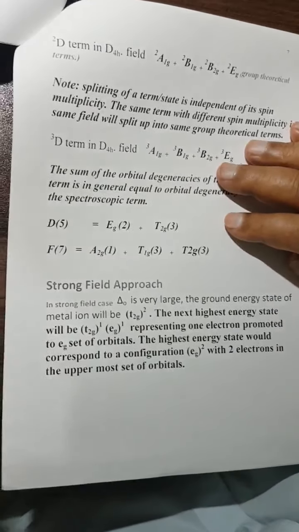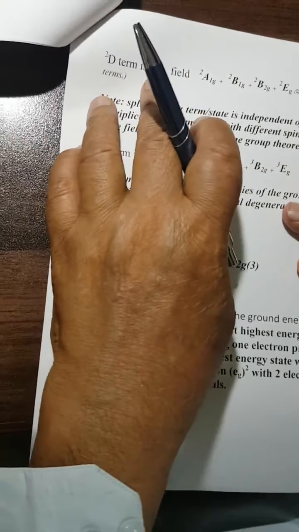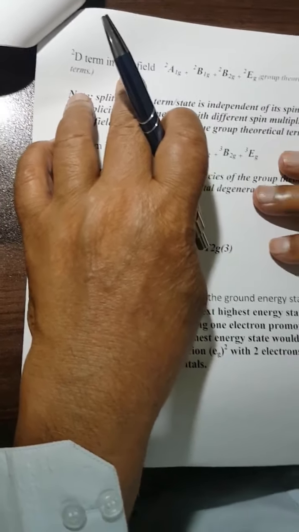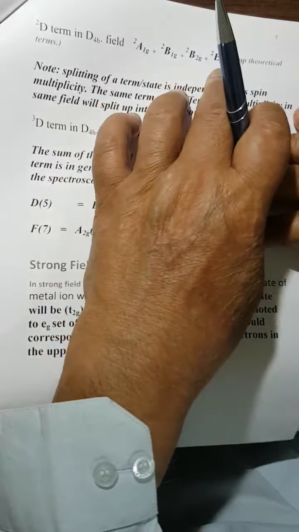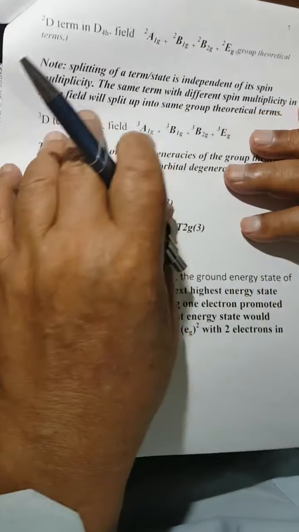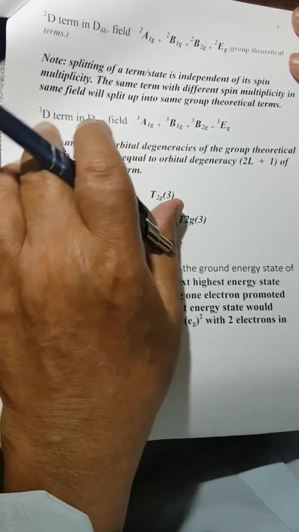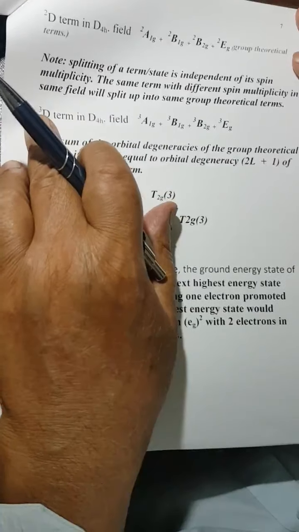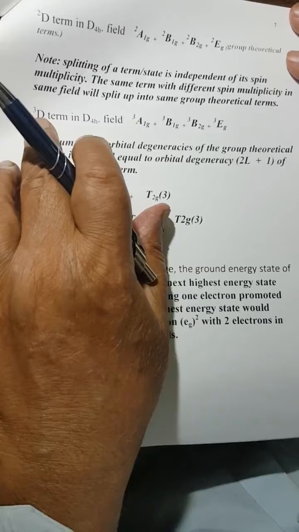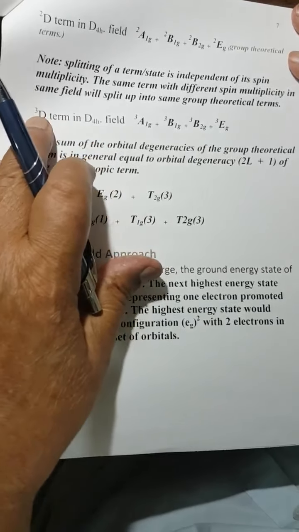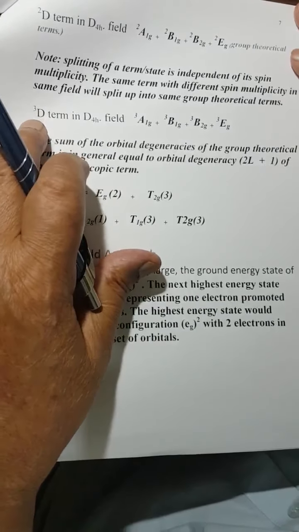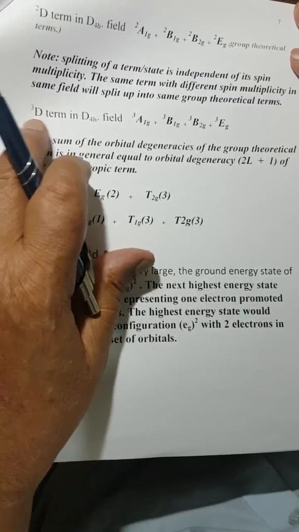D2 terms in D4h square planar will give these group theoretical terms. Note, splitting up of a term state is independent of spin. Splitting doesn't do anything with spin. This 3 doesn't become 4 or 2 as a result of splitting.